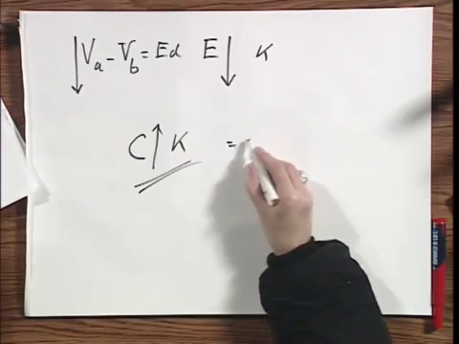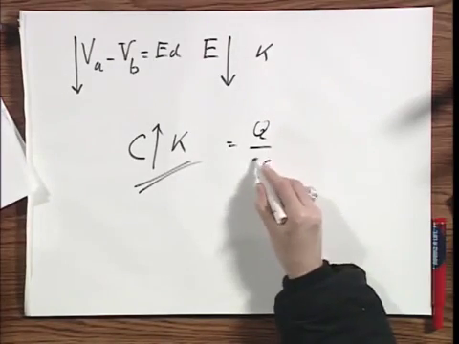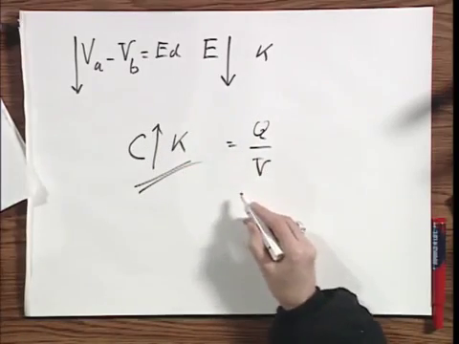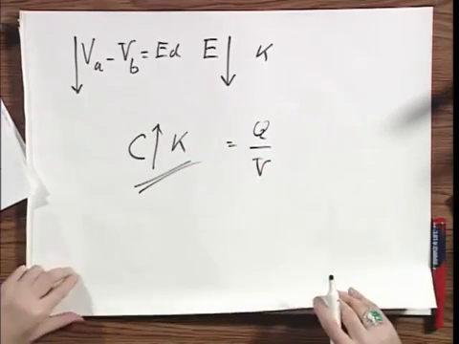C equals Q divided by V. If V goes down by a factor of K, C goes up by a factor of K.